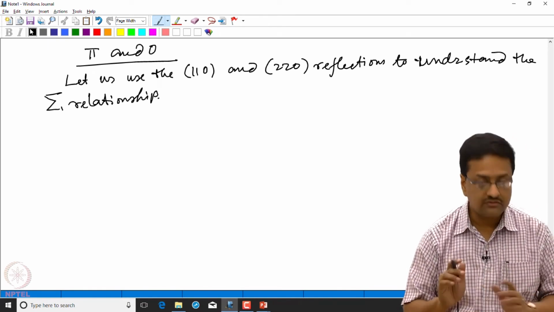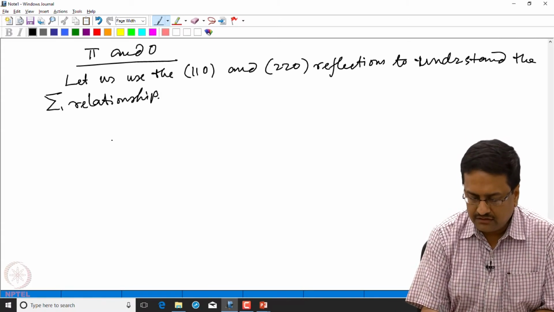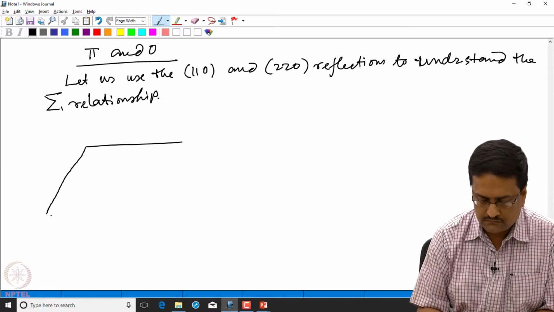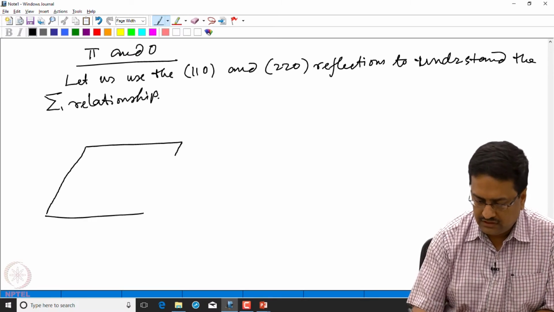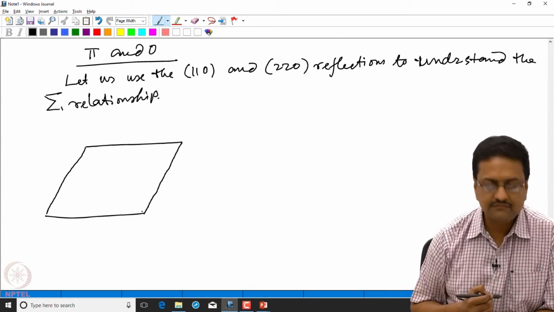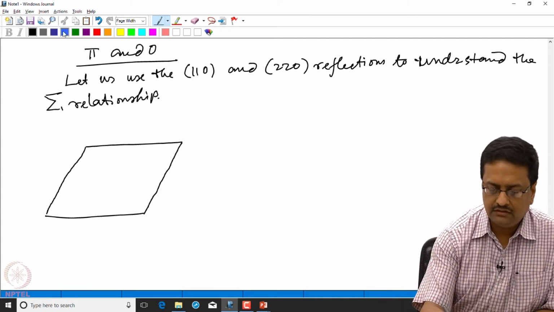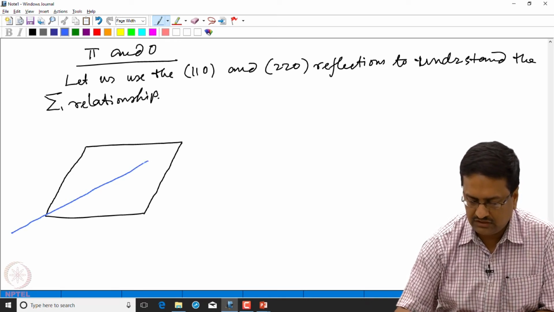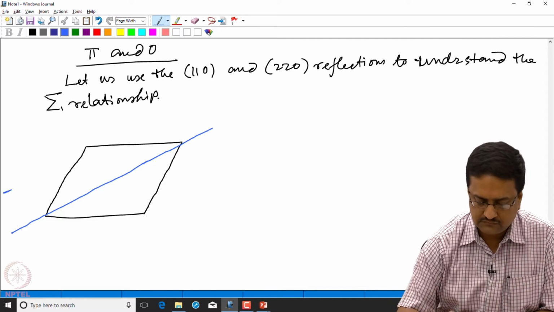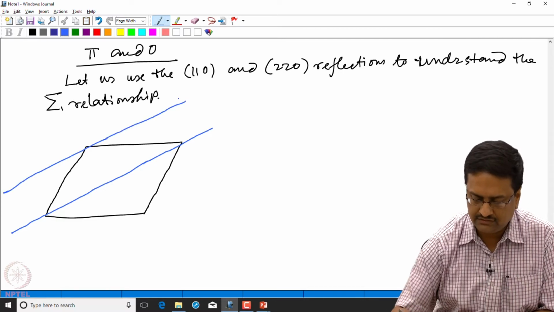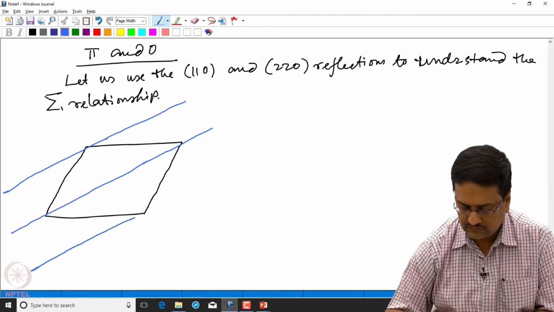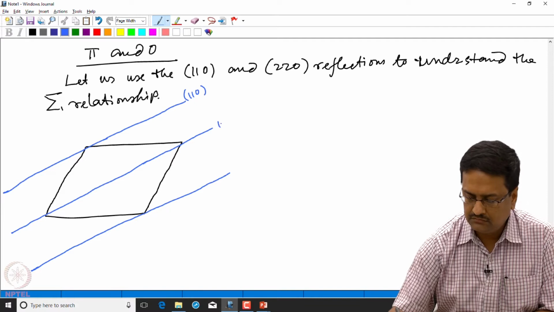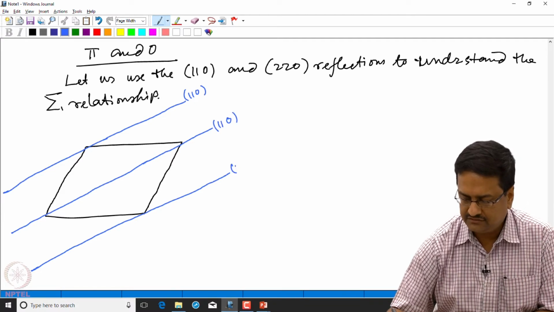Let us first draw the projection of an oblique lattice like this, and then we first draw the 1 1 0 set of planes, which are like that, the corresponding 1 1 0 set of planes.